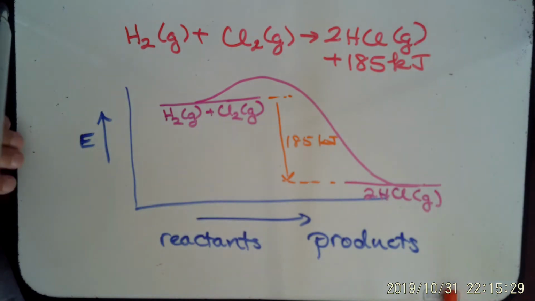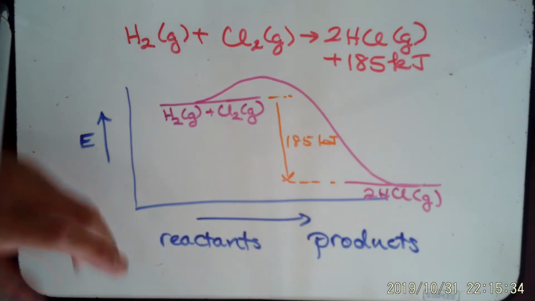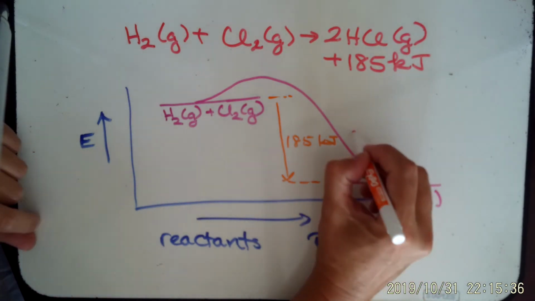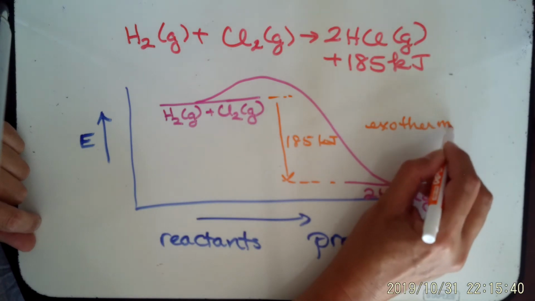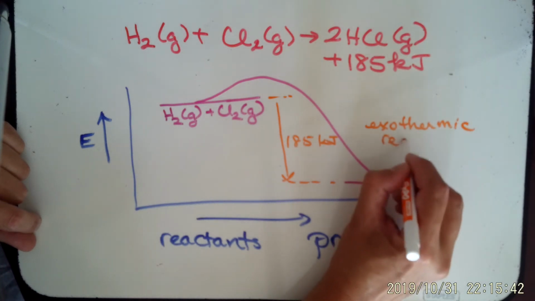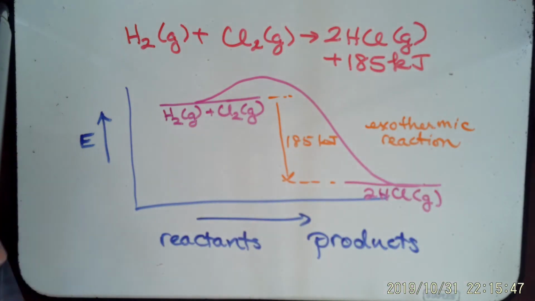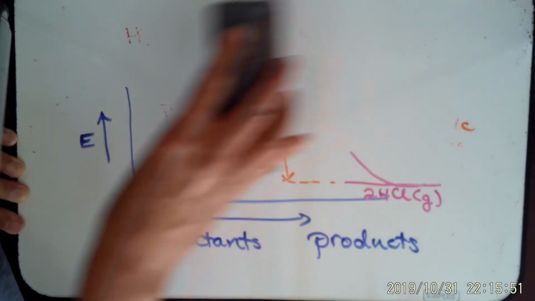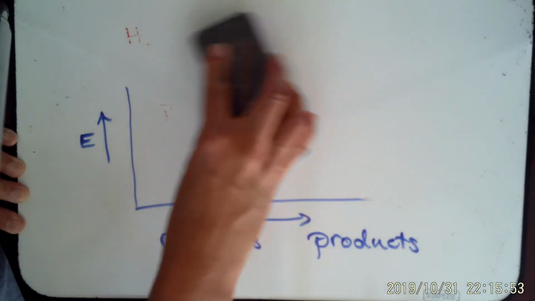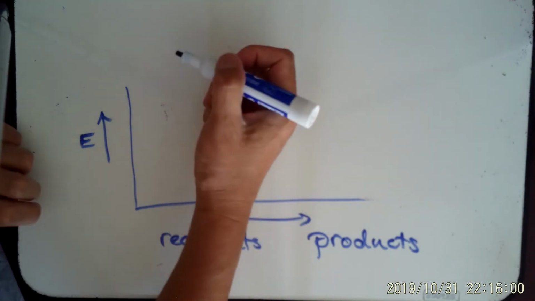What happens if I look at an endothermic reaction? So my products will be lower than my reactants in an exothermic reaction. What happens if it's endothermic? Well, if it's endothermic, then let's take a look at the one we had.